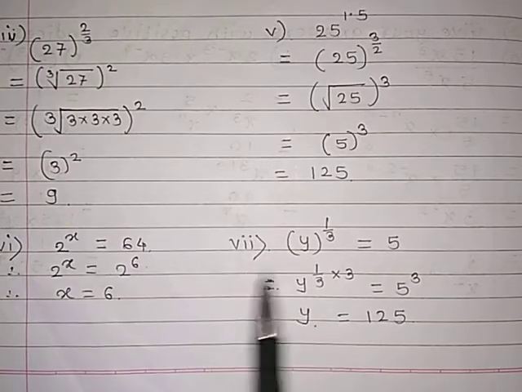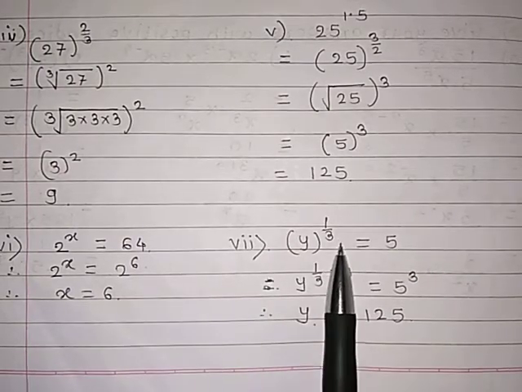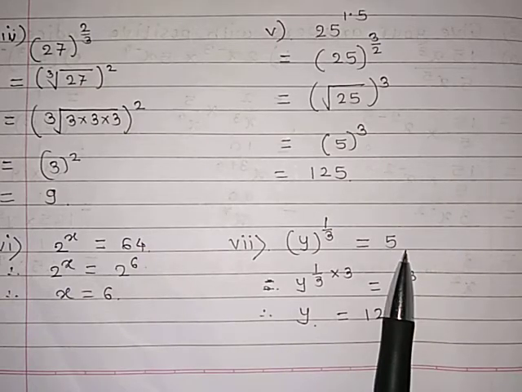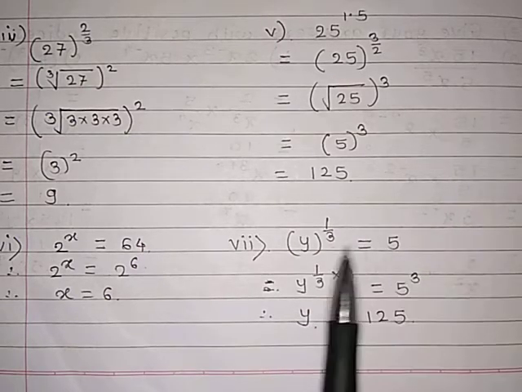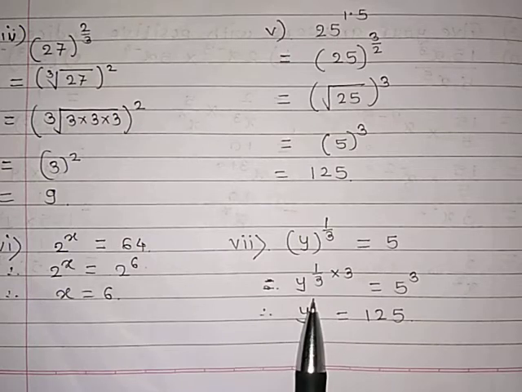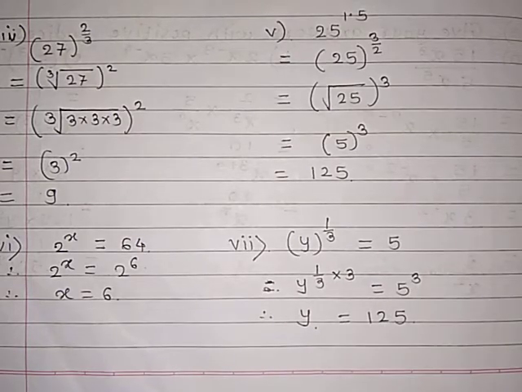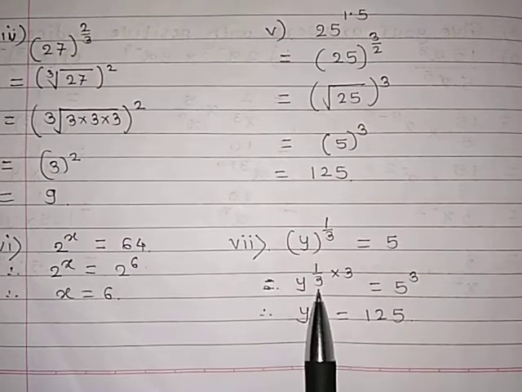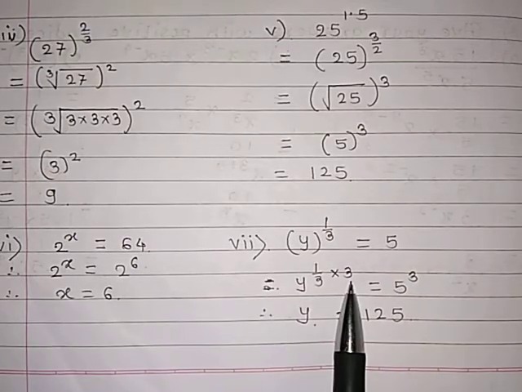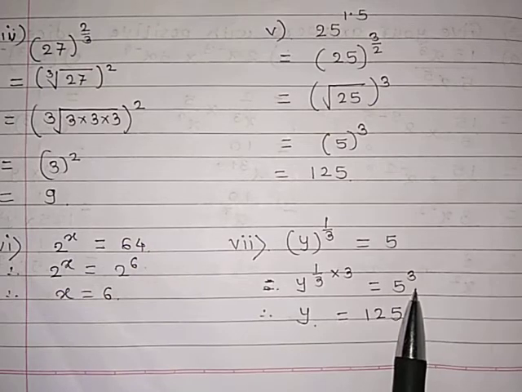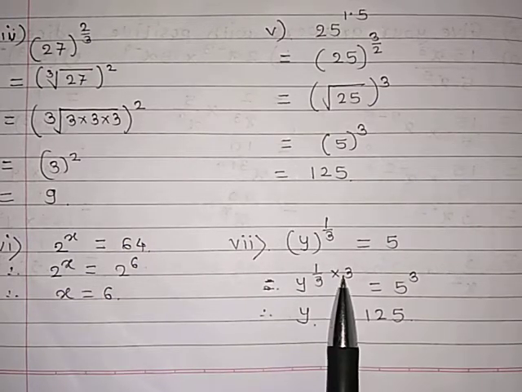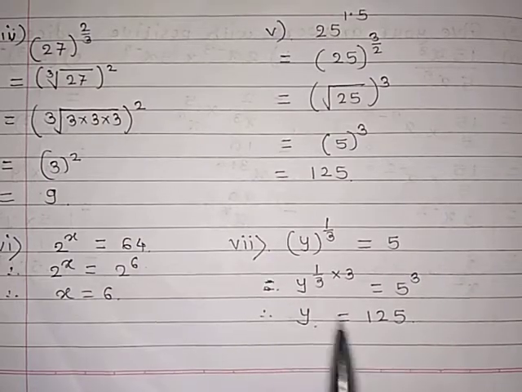Example 7. y raised to 1 upon 3 equals 5. Now cubing both the sides, what can we write? y raised to 1 upon 3, whole raised to 3, equals 5 cube. This 3 and 3 will be cancelled and we get y, which equals 5 cube, that is 125.